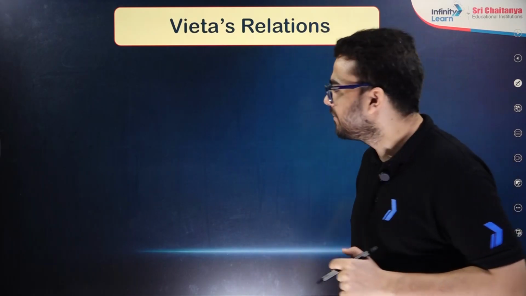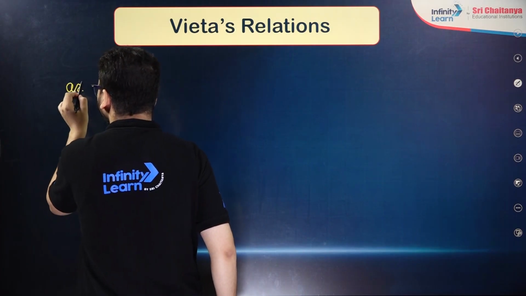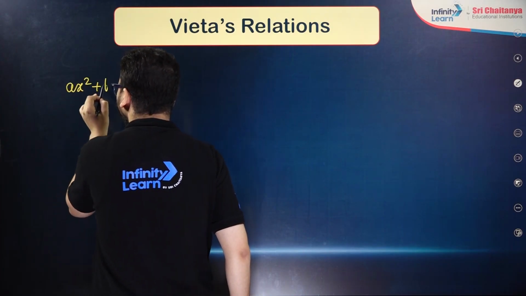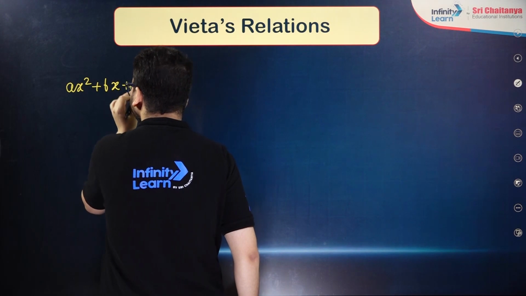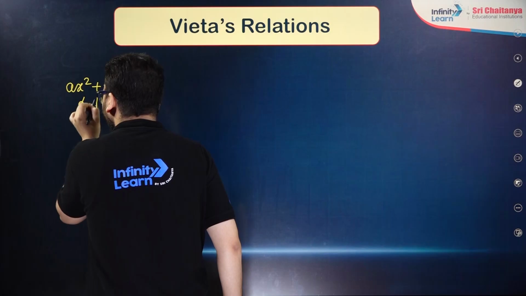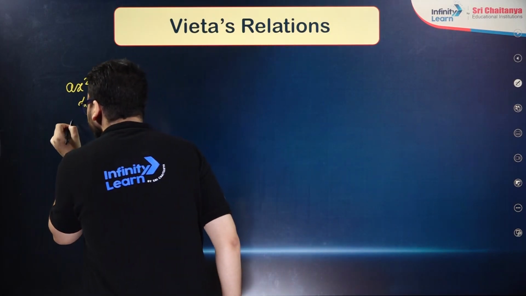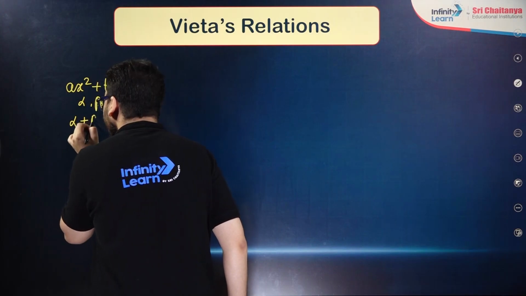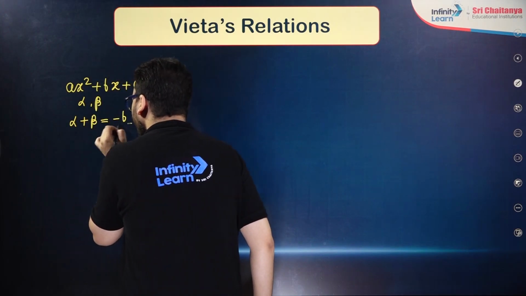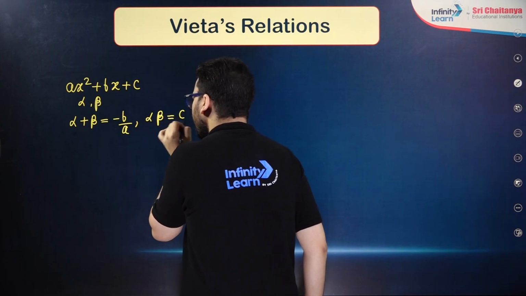So for example, if I discuss it with respect to a quadratic polynomial, ax square plus bx plus c, correct? Suppose the zeros are alpha and beta over here. So the sum of the zeros is minus b by a, and the product of zeros is c by a.